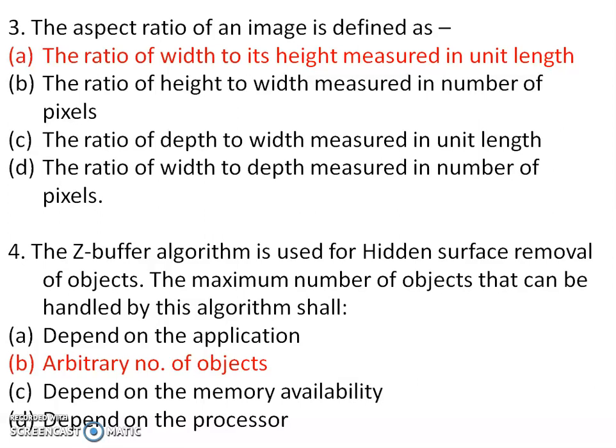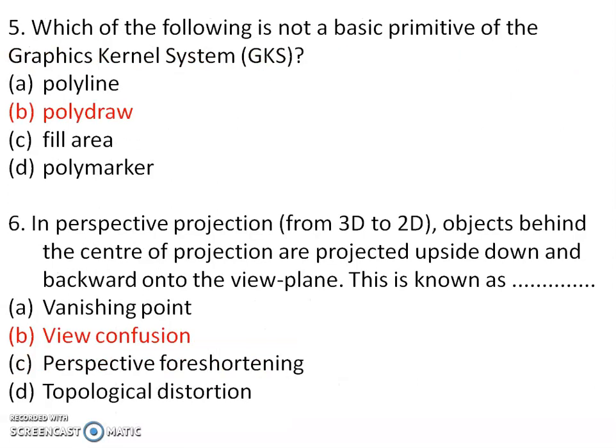This Z-buffer algorithm is used for hidden surface removal of objects. The maximum number of objects that can be handled by this algorithm is an arbitrary number of objects. Which of the following is not a basic primitive of the graphics kernel system? Here, the answer is polydraw. Next one is, in perspective projection from 3D to 2D, objects behind the center of projection are projected upside down and backward onto the viewing plane.